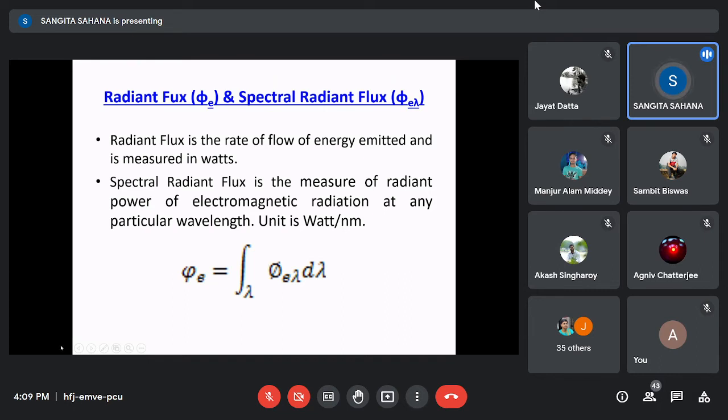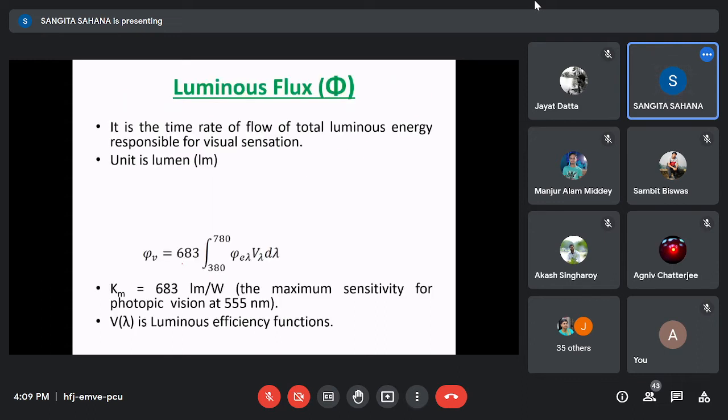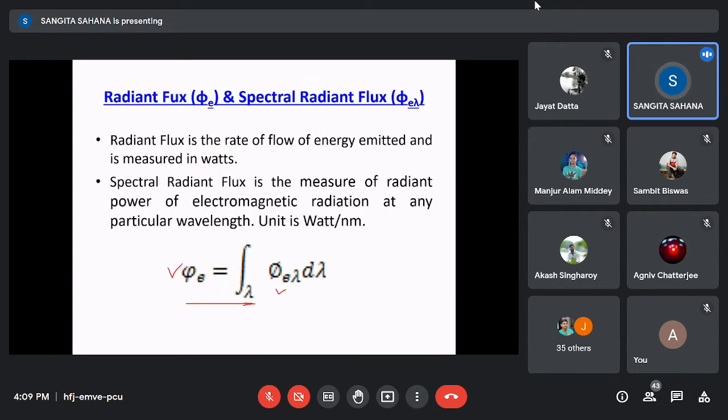So the spectral radiant flux is phi e lambda, and if you integrate over lambda, you will get the total radiant flux, phi e. Is this okay? So the input is P, electrical power in watt, the output is phi e.